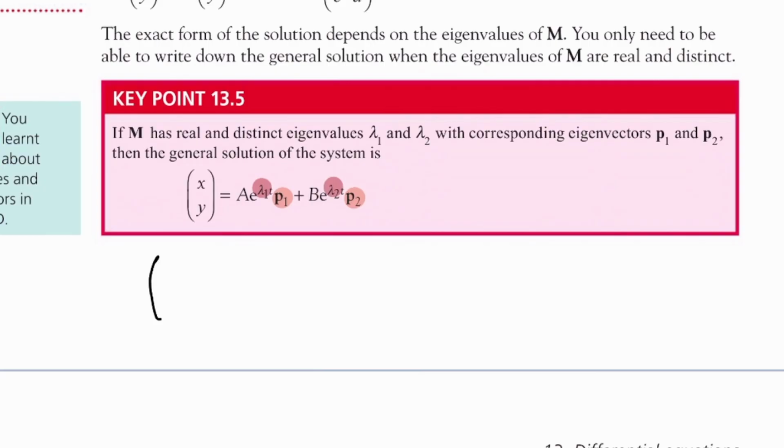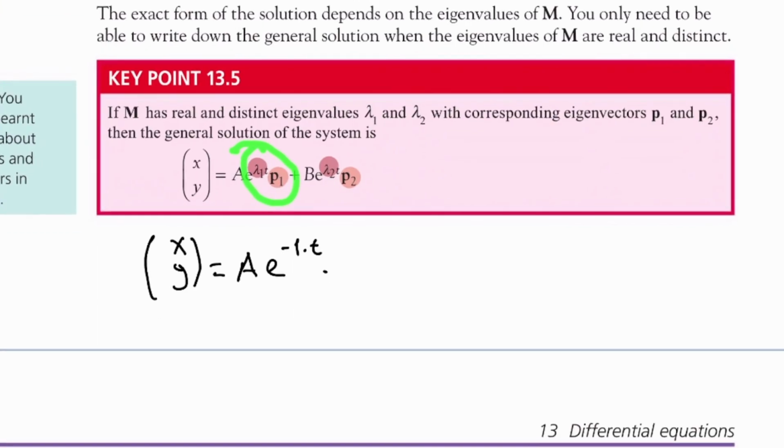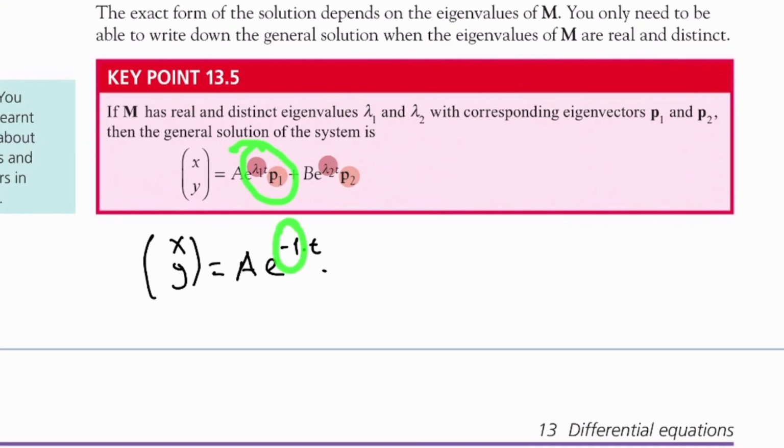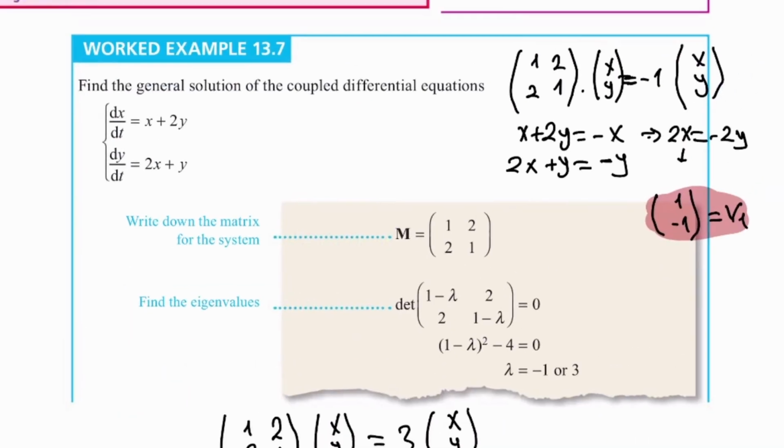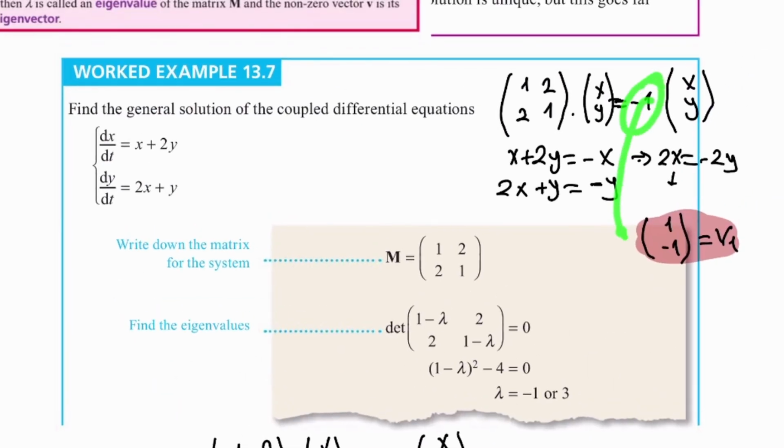General solution (x, y) equals a times e to the power of lambda 1, which is minus 1, times t, times the associated eigenvector, which is 1, minus 1.